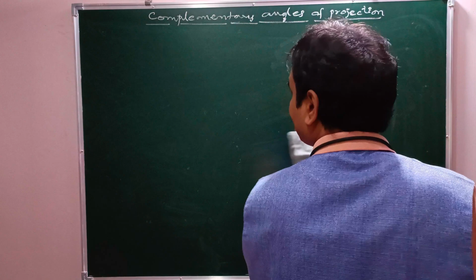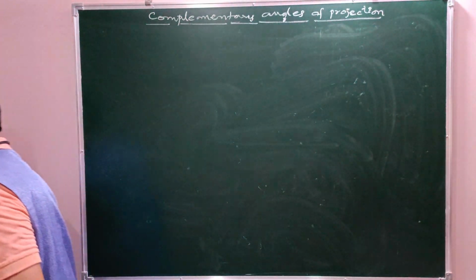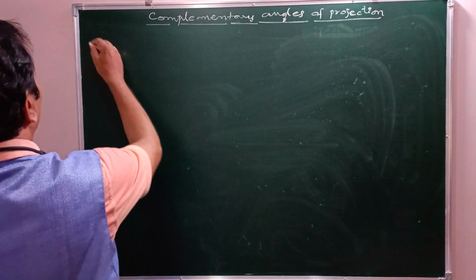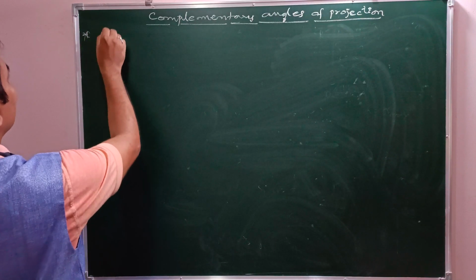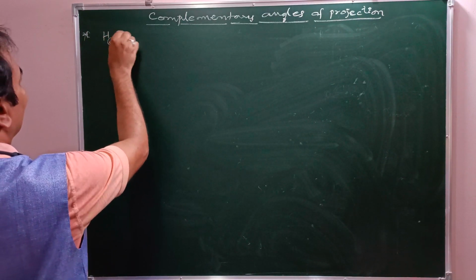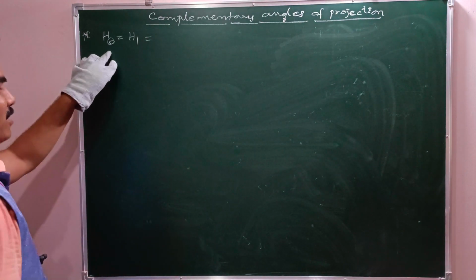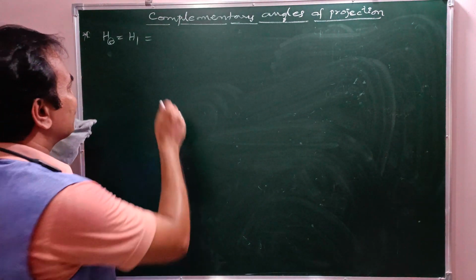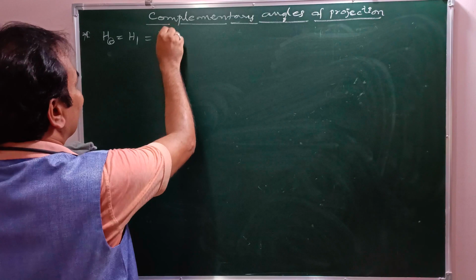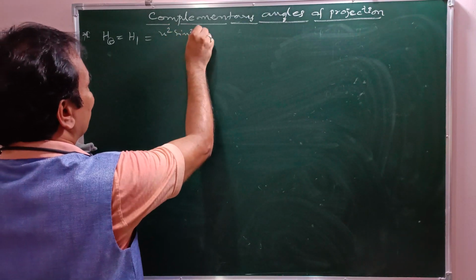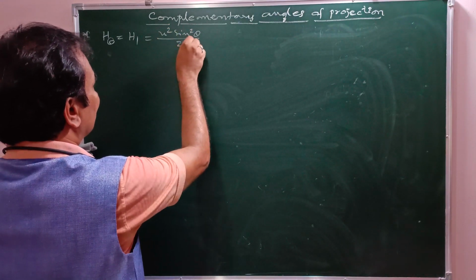Take a look here. First, h at theta, say this is h1, the usual form. When it is projected at an angle theta with the horizontal, the expression is u square sin square theta by 2g.